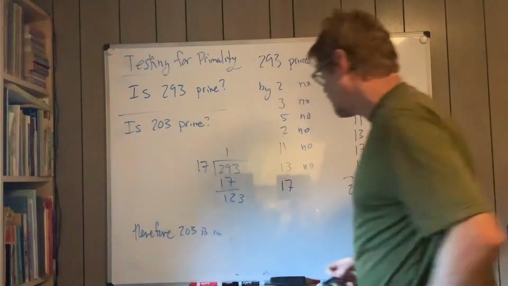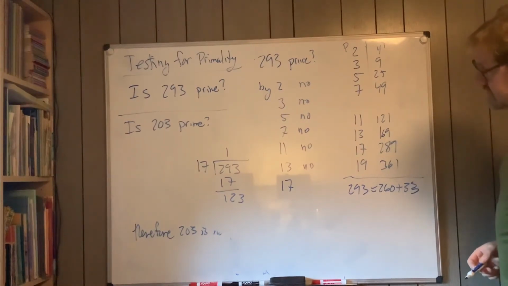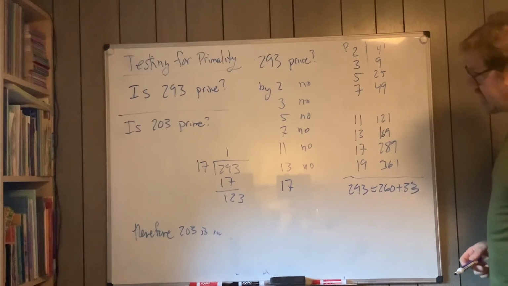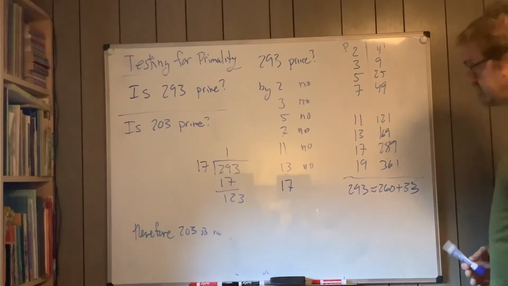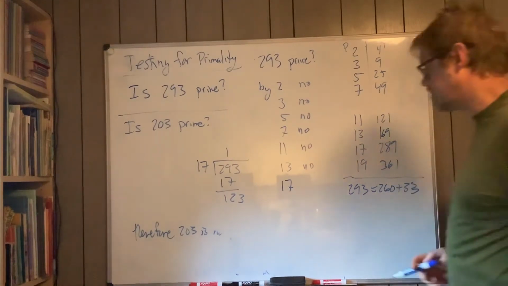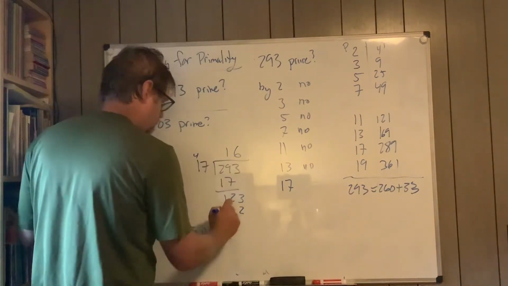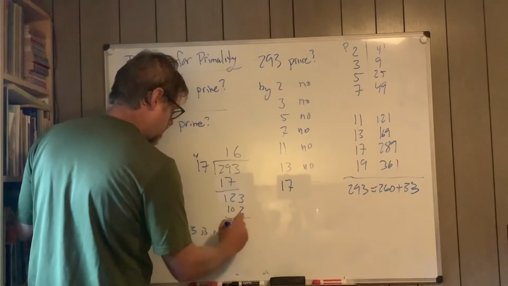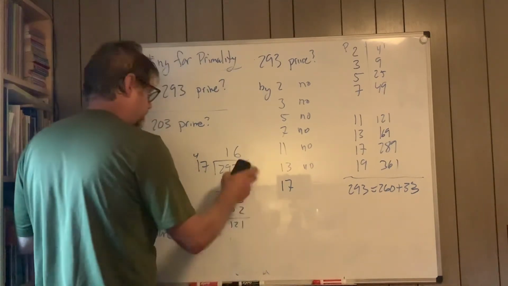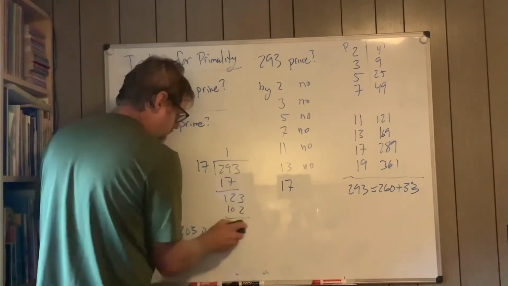293 divided by 17. Okay, now we've got to figure out some multiples of 17. Let's see. 5 looks like it's too big to me. No, 5's not too big. It might be either 6 or 7. I'm going to guess that's going to be 6. 6 times 2 is 12, 6 times 1 is 6, plus 1 is 102. And so that wasn't big enough, because that was bigger than that.